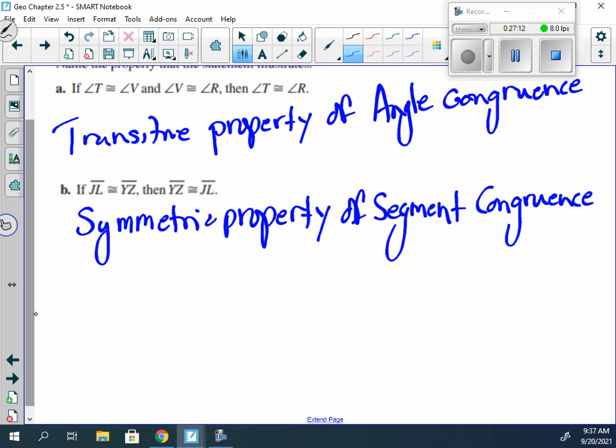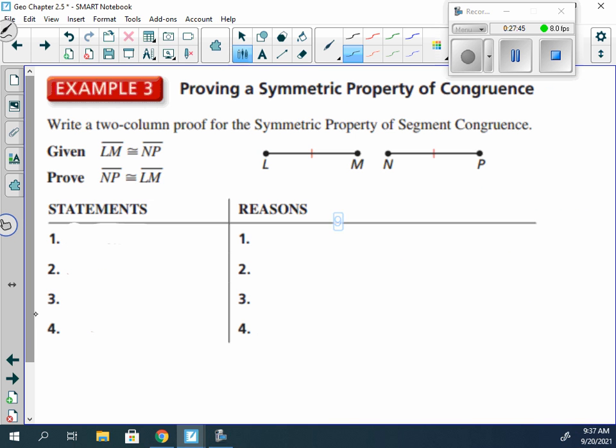Symmetric property of angle congruency. And you do have that in your reference sheet, those three listed out. Any questions on this here? All right, let's look at the next one.